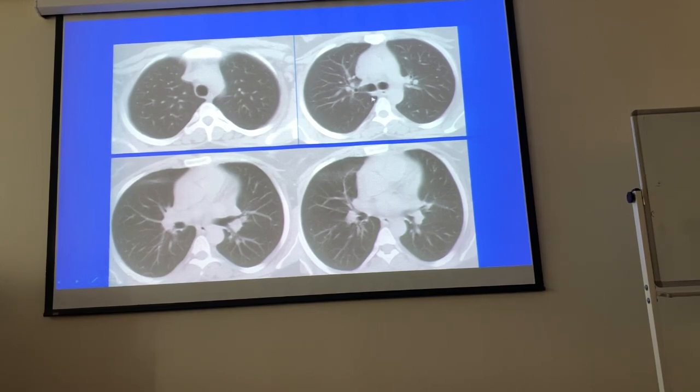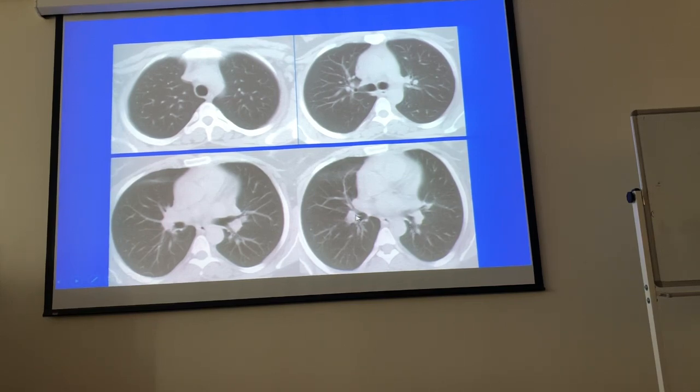Then you are at the level of the bifurcation, and then there is a division of the upper lobe, so one segment, another segment. Then you come down and you have the bifurcation of the left bronchus with upper lobe and lower lobe. And then this is even lower than that.